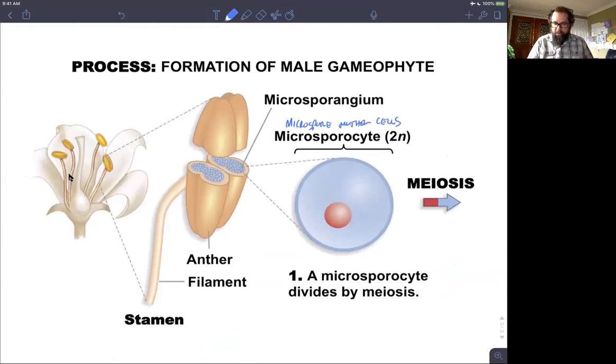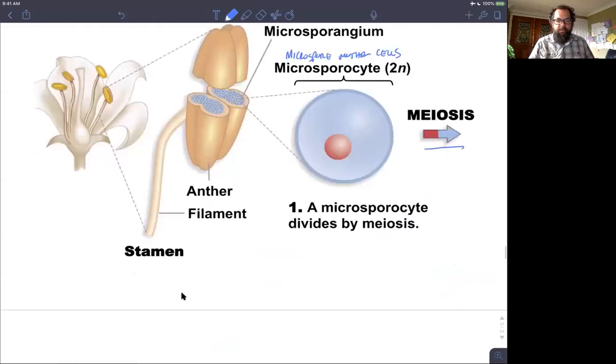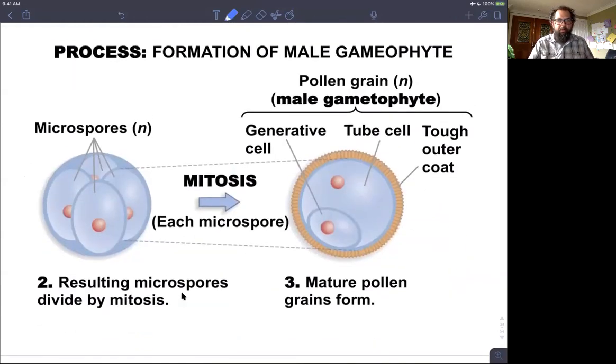Those are diploid and they undergo meiosis to transition to that gametophyte stage. The meiosis will produce four microspores, and each microspore will undergo a round of mitosis to create a generative cell and a tube cell.